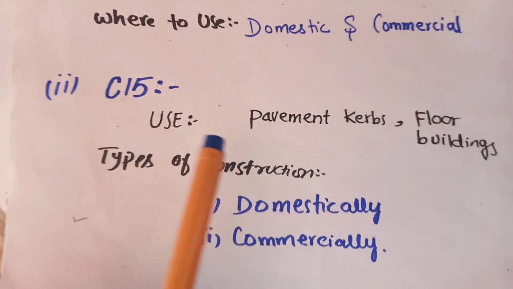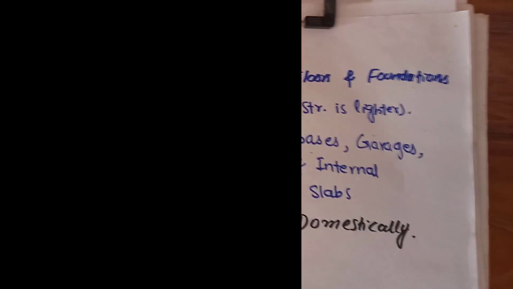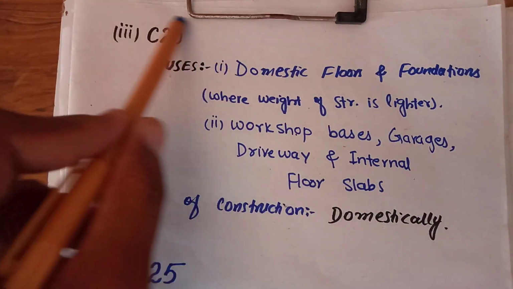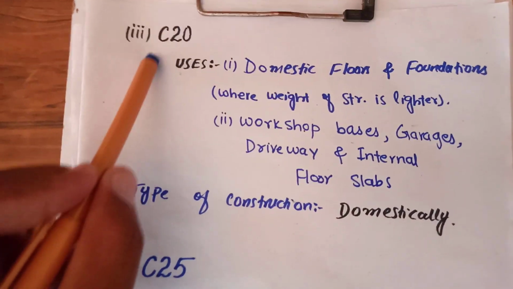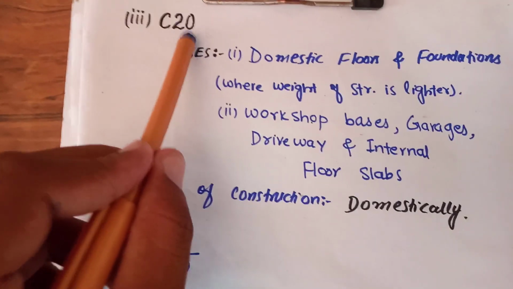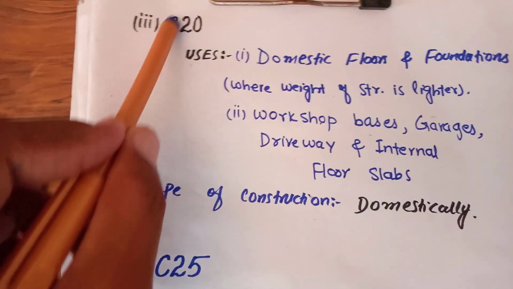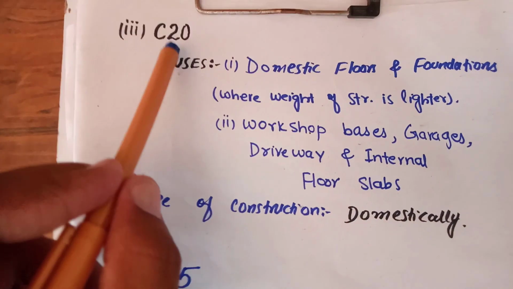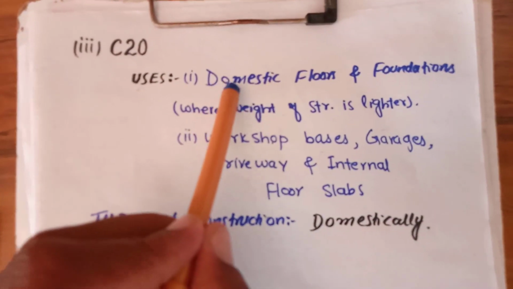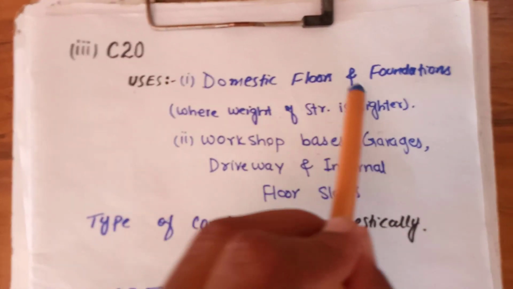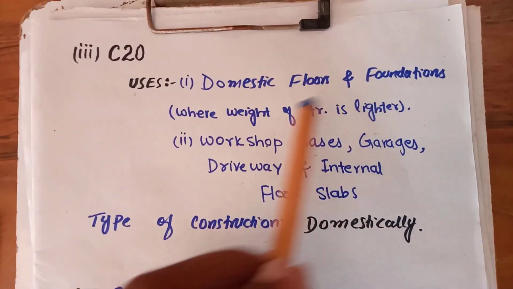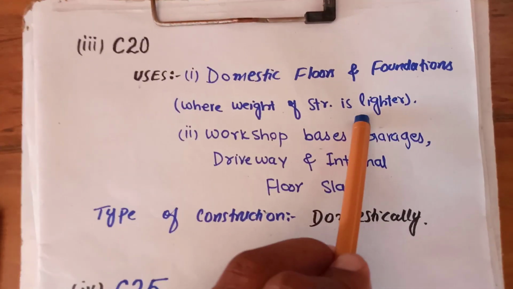Now let's move to C20. C is mix ratio, 20 is 28-day compressive strength of concrete, which is 20 megapascal. Where can we use this C20 grade concrete? We can use it in domestic floors and foundations, especially where the weight of the structure is lighter.